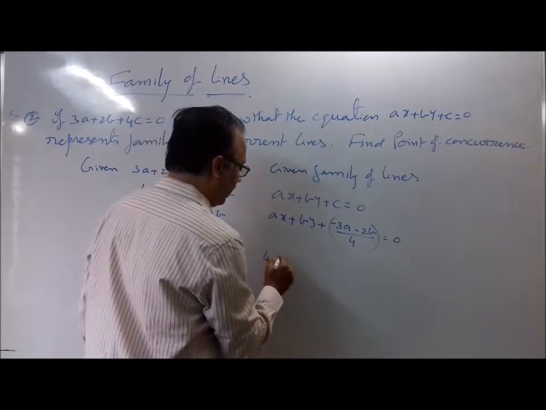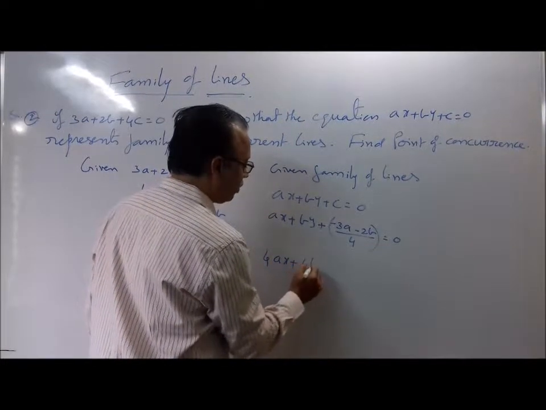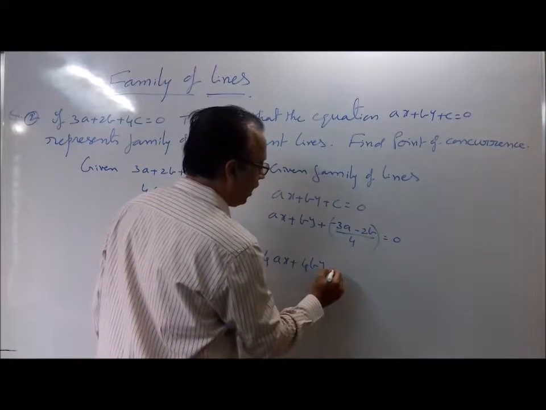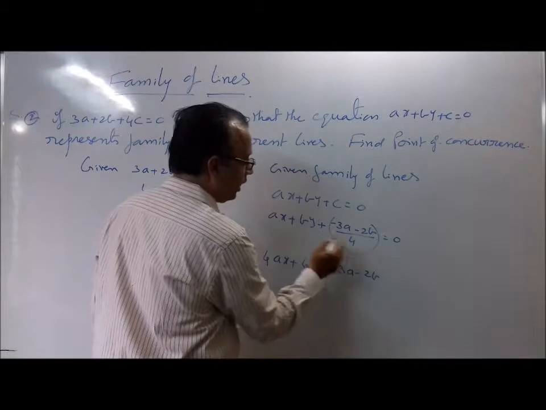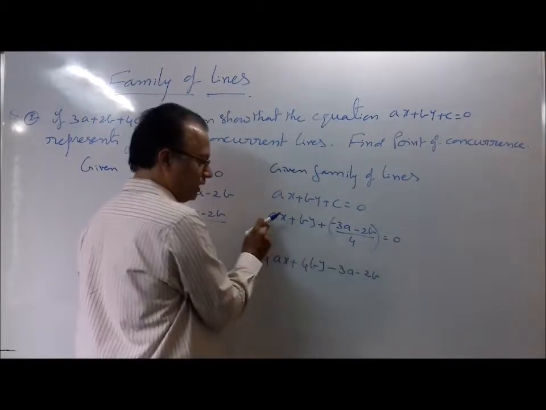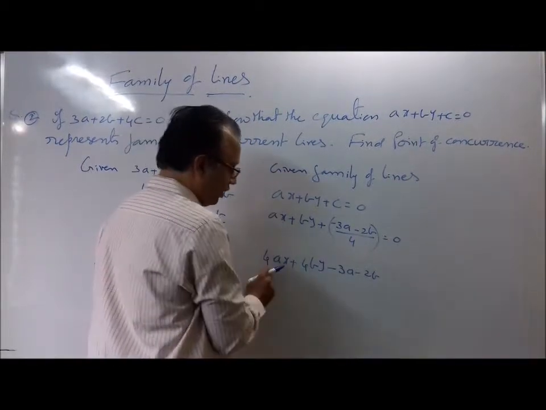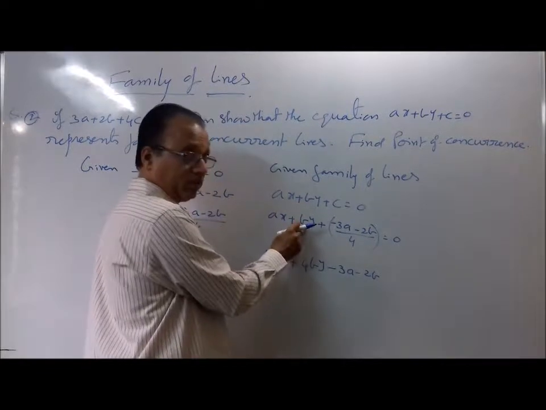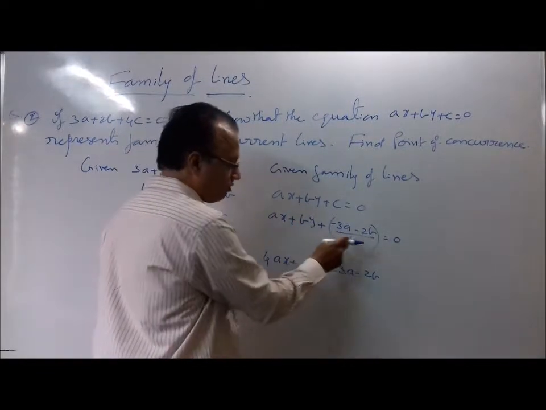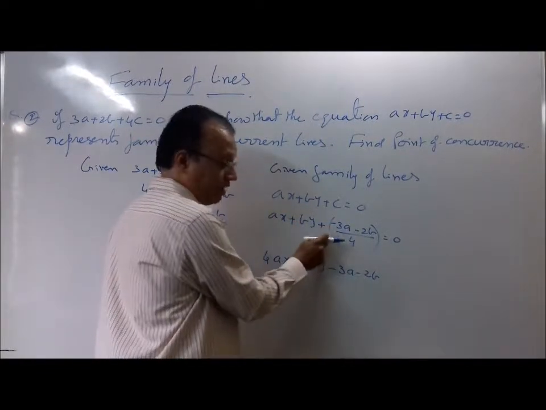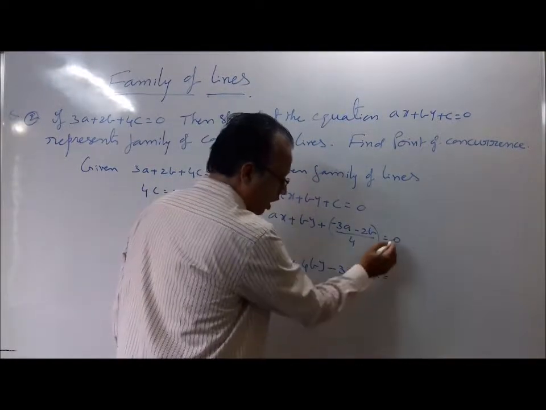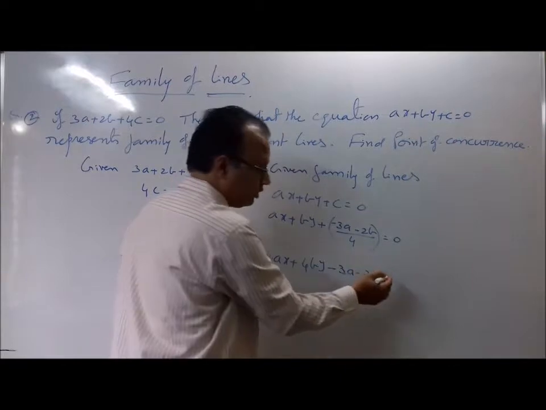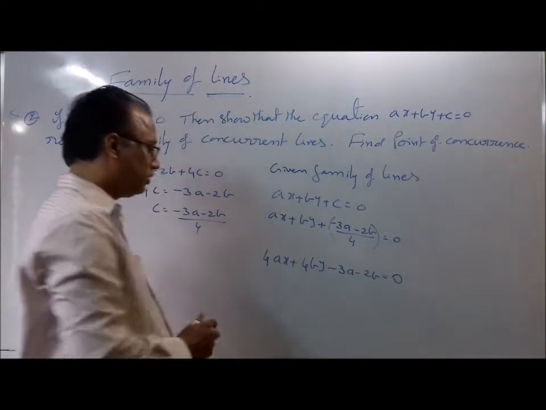So 4ax plus 4by, and minus 3a minus 2b by 4, the 4 will cancel. So 4 multiplies ax, 4 multiplies by, and this only will come, equal to 0, also into 4, 0 only.